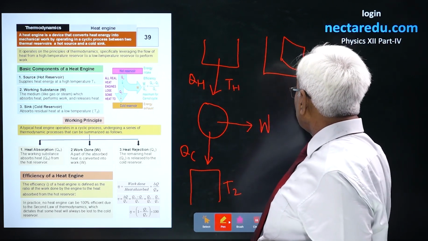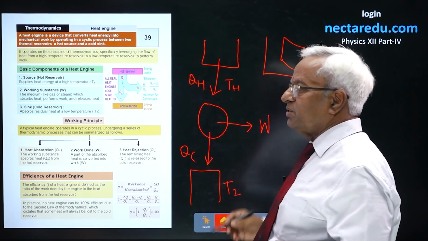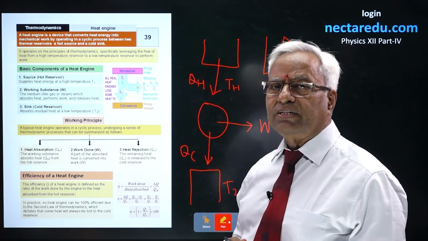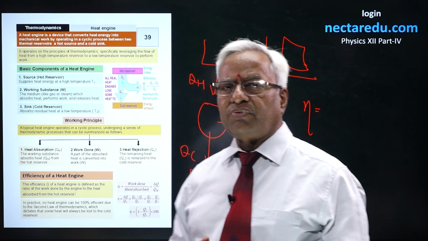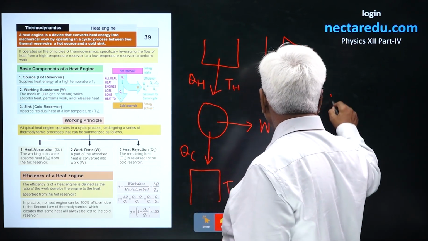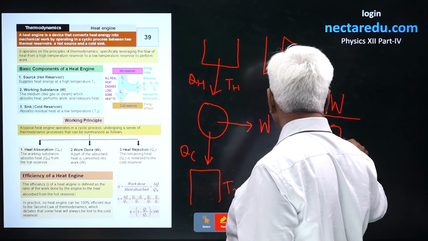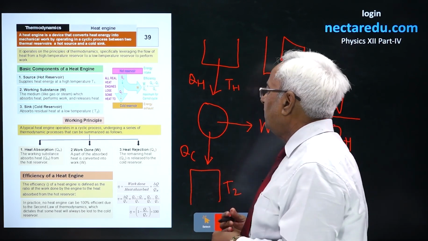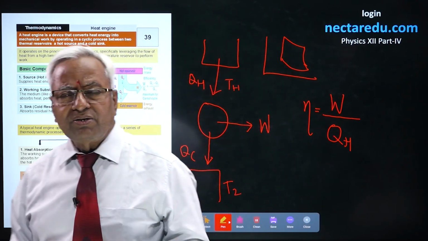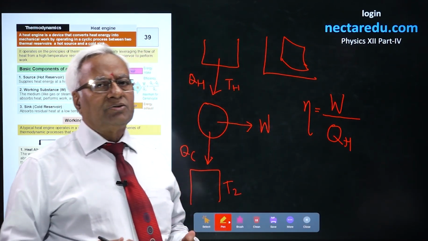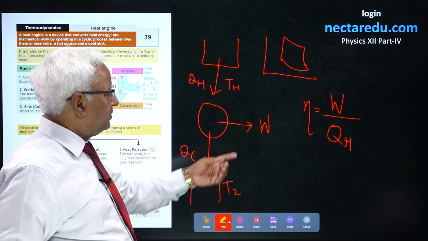The efficiency of the heat engine is defined by the relation in which we use the work done upon the heat absorbed by the working substance from the source at higher temperature.